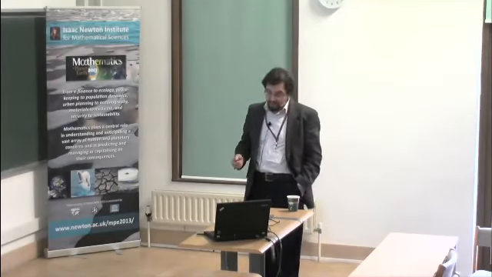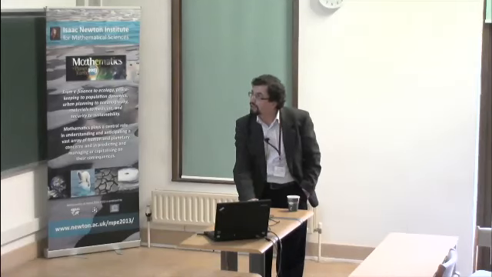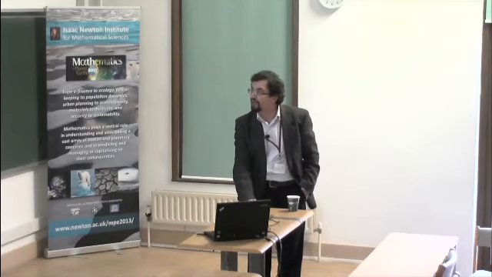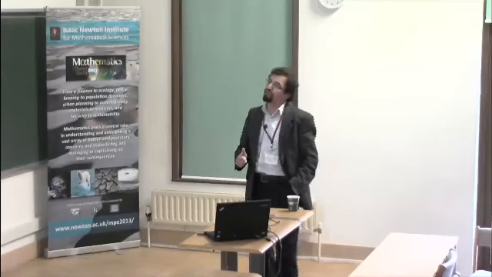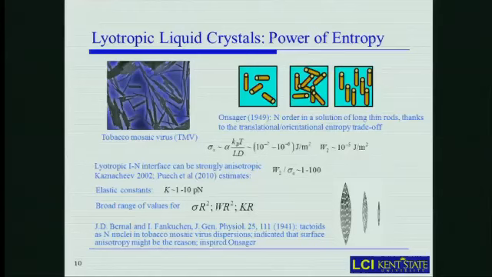And in fact, the very first observations of lyotropic liquid crystals by Bernal and Fankuchen demonstrated that the new phase, the nematic phase, appears from the isotropic melt not as round spherical formations, but as very elongated entities that were called tactoids.